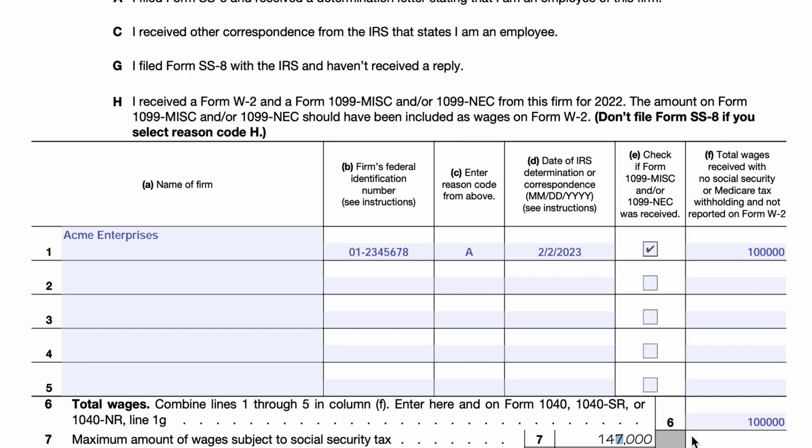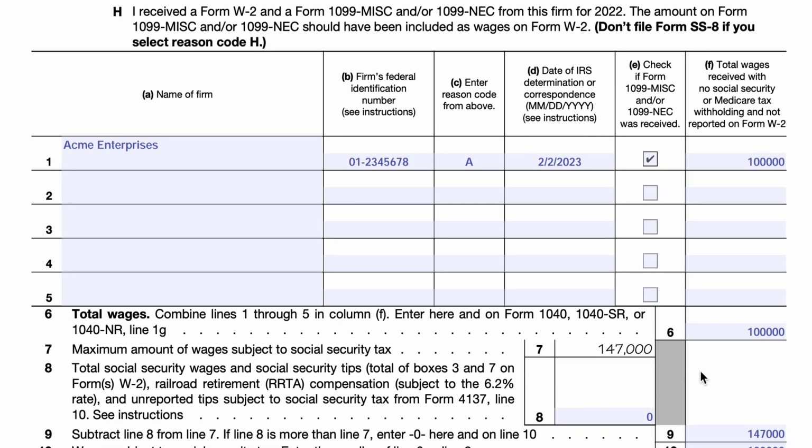Now in line 7, you'll see the maximum amount of wages subject to Social Security for the tax year. In 2022, that amount was $147,000. In tax year 2023, I believe it's $160,200. And then in line 8, you would enter any other Social Security wages and tips where they actually were reported on a Form W-2. We're not counting this compensation right here because that was reported on a 1099.